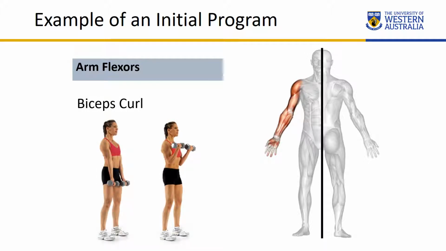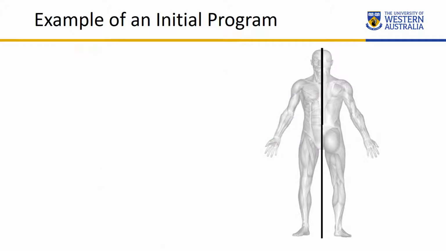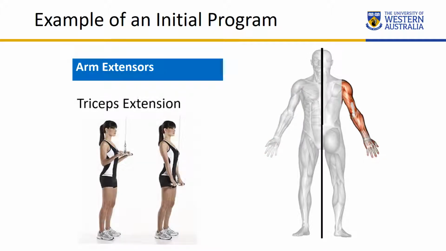The arm flexors, you've got a variety of flexor exercises, but we're going to go with the standard bicep curls at this point. For the arm extensors, so these are your triceps, we have chosen the tricep extension as an exercise for our initial program.